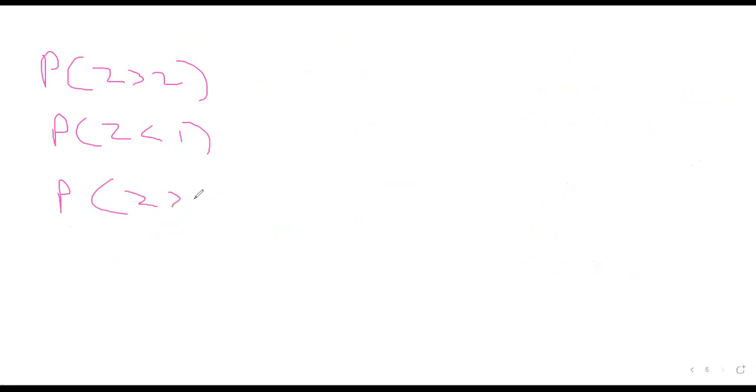So if we're given probabilities to illustrate z is greater than 2, z is less than 1, z is greater than -2, z is less than -1, how do we illustrate these ones?